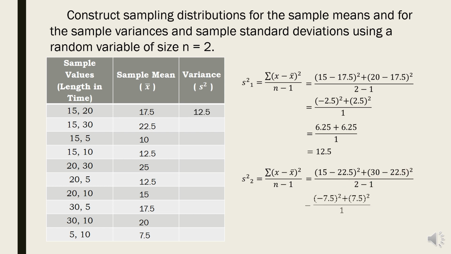Simplifying, we have negative 7.5 squared plus 7.5 squared all over 1, which is 56.25 plus 56.25 all over 1, and we obtain 112.5 as the variance of the second set. Now you can stop this video and try to answer the third set until the last set.